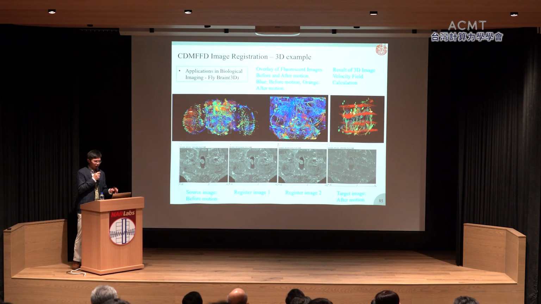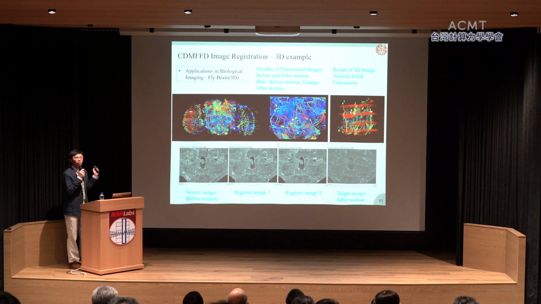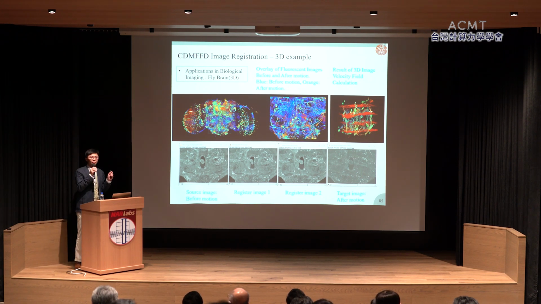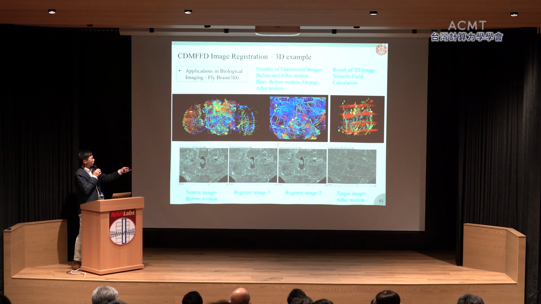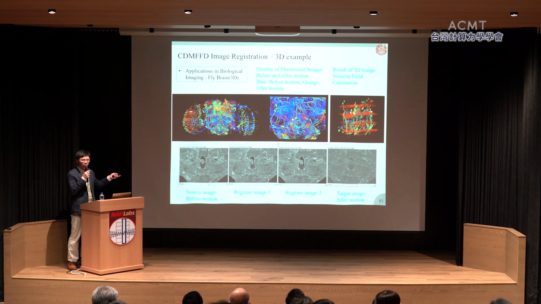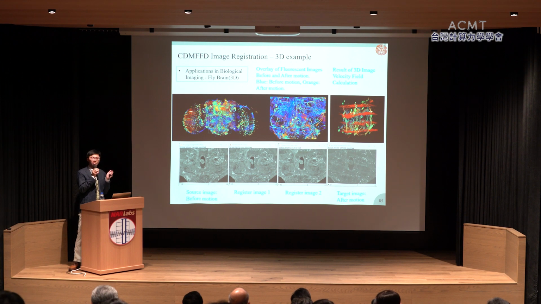And also we apply this technique to a real experimental data set. Here is the fly brain. If the fly has some disease, the brain may have significant deformation. But biologists just take images, but they cannot extract numbers, right?